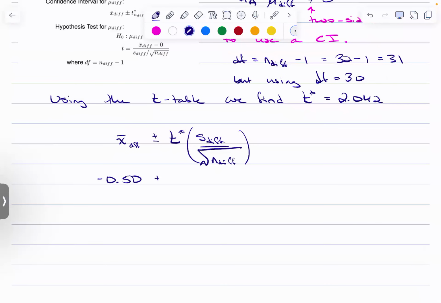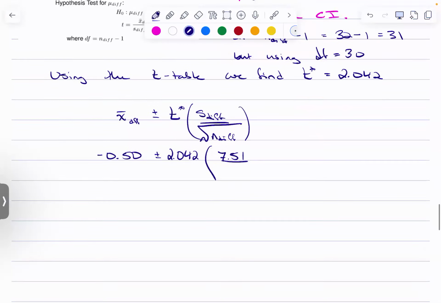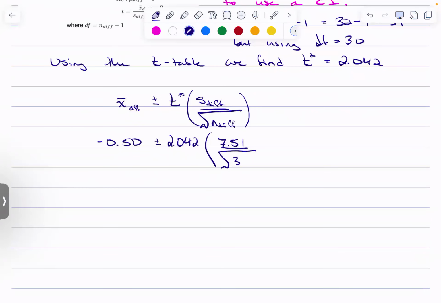Negative 0.50 plus or minus 2.042 times 7.51 divided by the square root of 32. There are still 32 differences, even though we're only using 30 degrees of freedom, but that's separate. So make sure you keep the 32. It's a pretty common mistake that you get hung up on, but it's just the n.